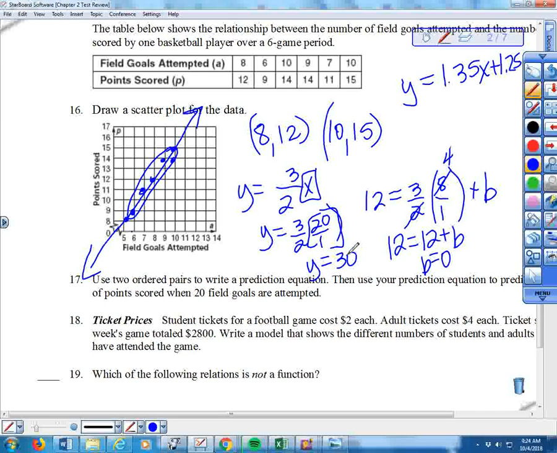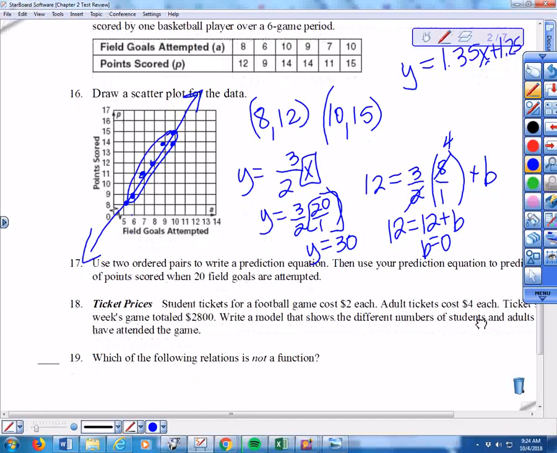Put 20 in for x here. 20 times 1.35 plus 1.25 is 28.25. So it's pretty close. I got 30 with mine. 28.25 is actually the number. Either way, whether you want to use the graphing calculator or do it yourself, I'll accept either answer.